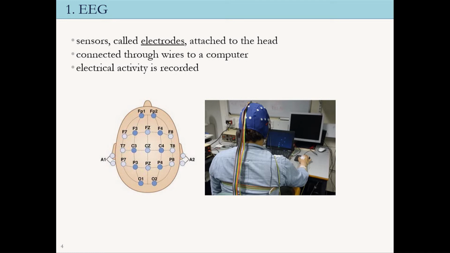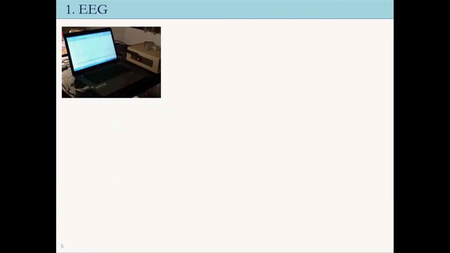We place them on the scalp of our participant. They have specific positions and names, just a convention that we follow, and then through some wires they are connected to a computer, and we can visualize and record the electrical activity of the brain.